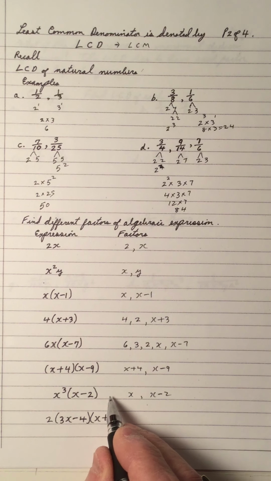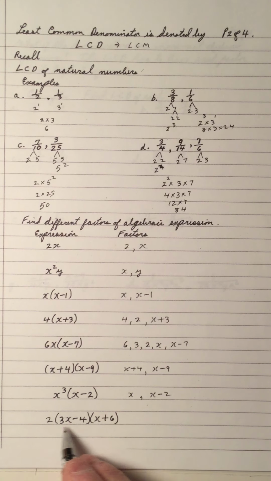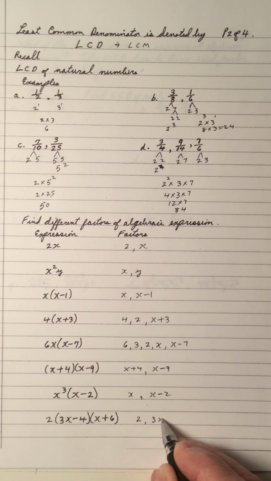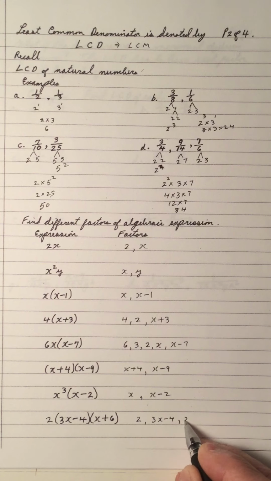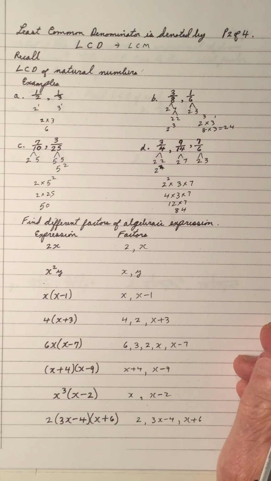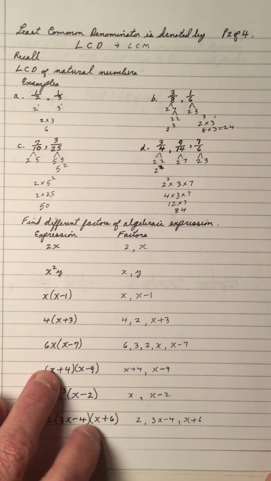X cubed is x times x times x, but a factor is just x. And the factors of this one are a 2, a 3x minus 4, and an x plus 6. So that's picking out the different factors, because that's important for how I do the LCD. And let's continue.